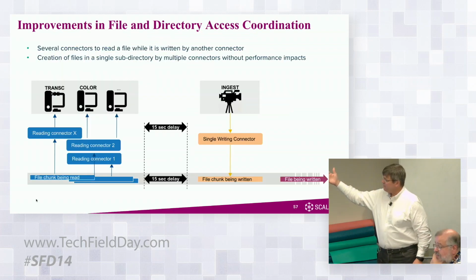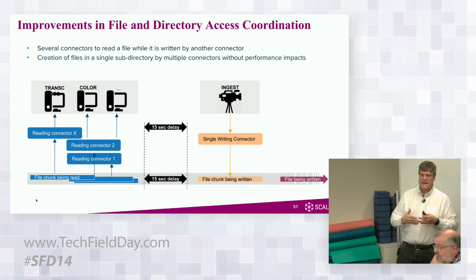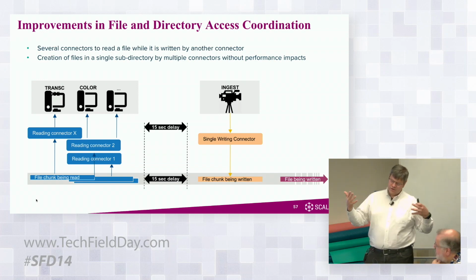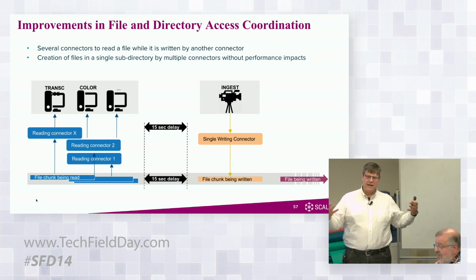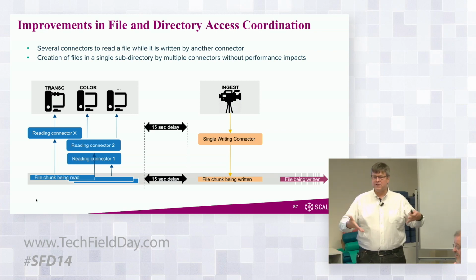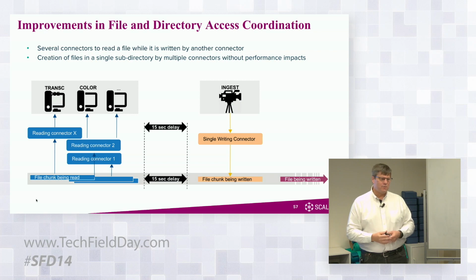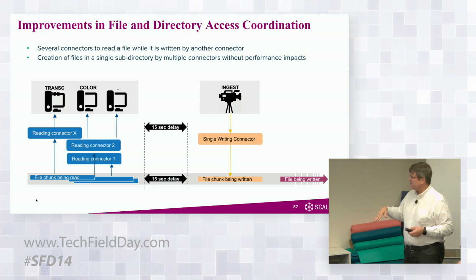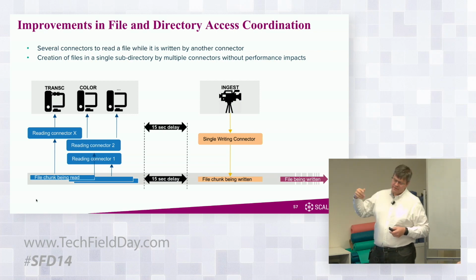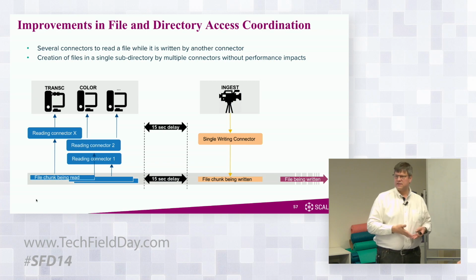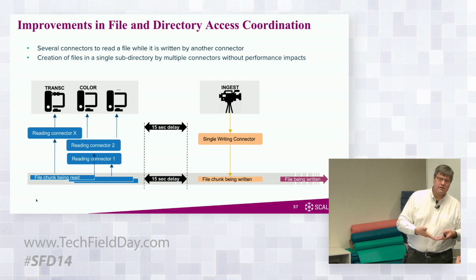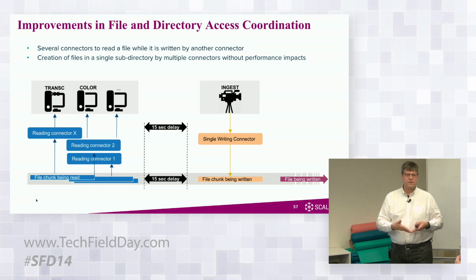Another functionality: we made some recent improvements in the file and directory access coordination. There's a conflict between a shared nothing architecture and concurrent file and directory reads and writes. We've made significant improvements that allow the system to be just as fast if there's no concurrency on creating new files in a directory, and obviously concurrency has an effect on performance when you have multiple writers to a single subdirectory.